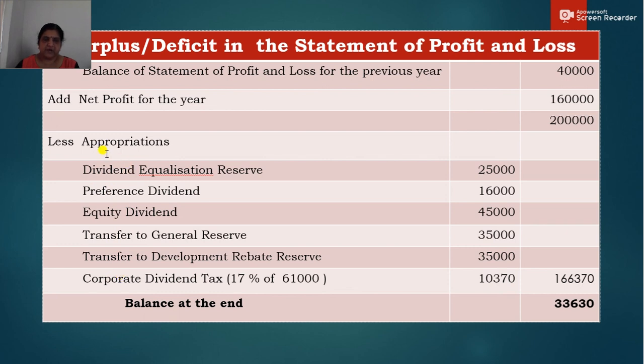So that is why profit and loss appropriation account debtor to dividend equalization reserve, profit and loss appropriation account debtor to preference dividend, profit and loss appropriation account debtor to equity dividend, profit and loss appropriation account debtor to general reserve, then profit and loss appropriation account debtor to development rebate reserve and also profit and loss appropriation account debtor to corporate dividend tax. And the missing thing is provision for tax. So provision for tax you have already deducted from the profit.